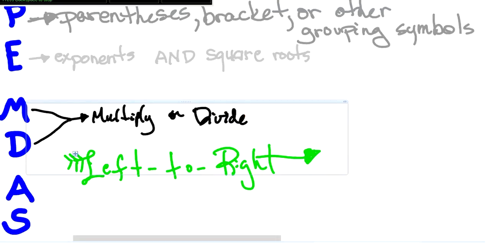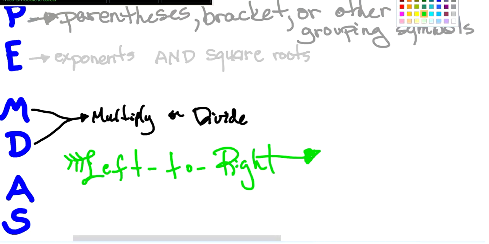Now we will multiply and/or divide from left to right. So you're looking for multiplication and/or division. Don't forget, multiplication can be written with a dot between two things. For example, if I have A dot B, that's multiplying.